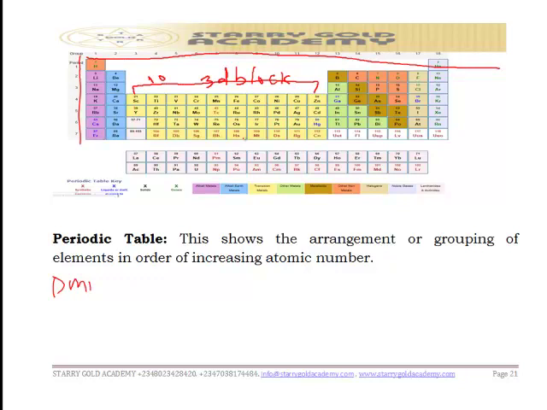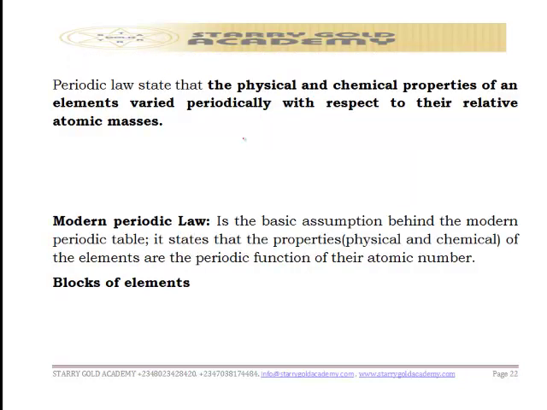But it was Mendeleev, the Russian scientist, in 1869 to 1871, who developed the periodic law, which states that the properties, the physical and chemical properties of an element, vary periodically with respect to their relative atomic number. So that is what he did concerning the periodic table.